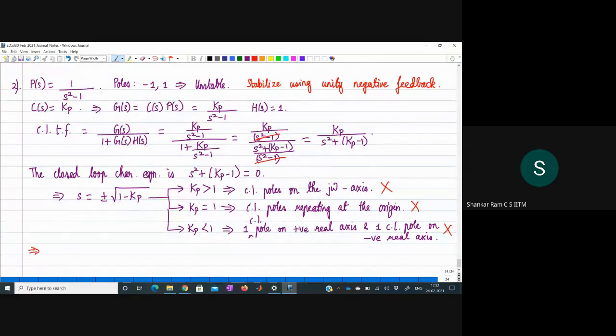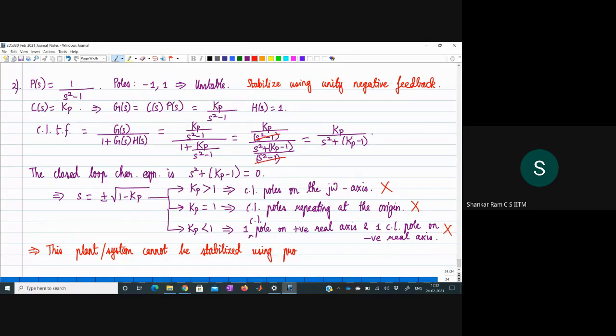So what does this imply? This entire exercise implies that this plant, which we are given, whose transfer function is 1 by s squared minus 1, cannot be stabilized using a proportional controller.